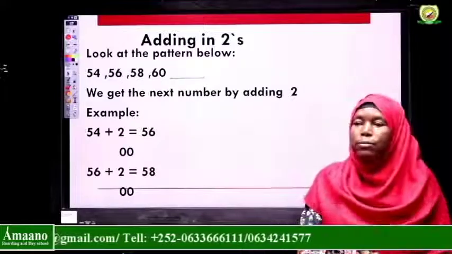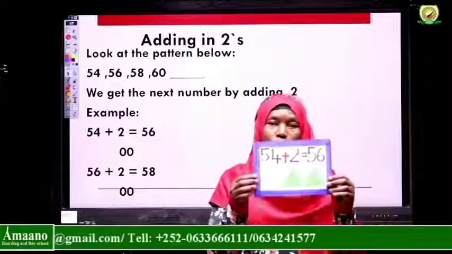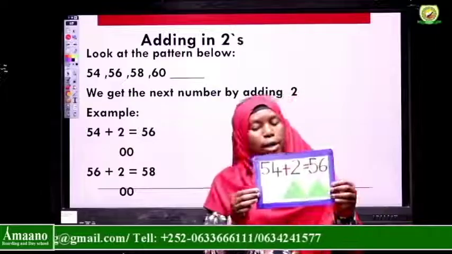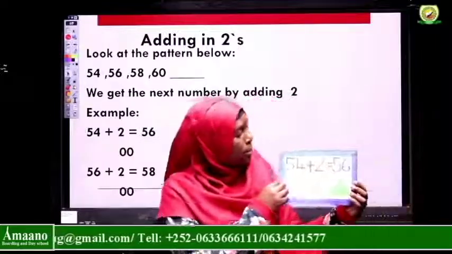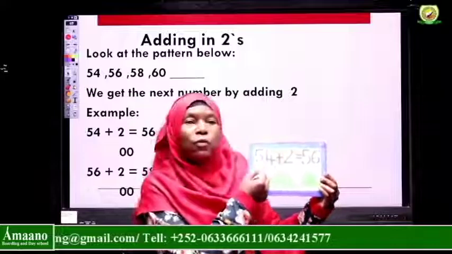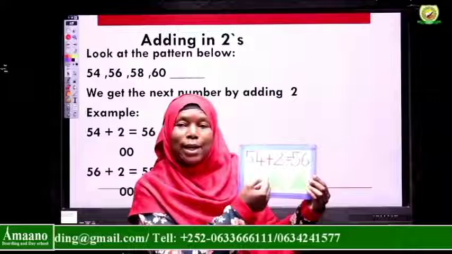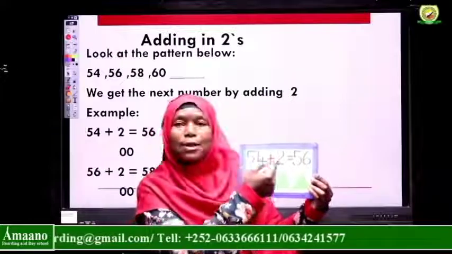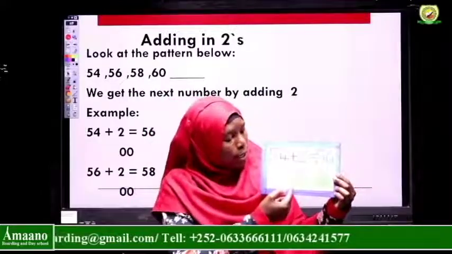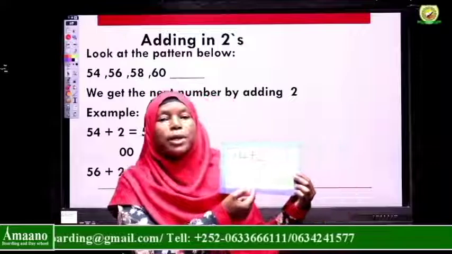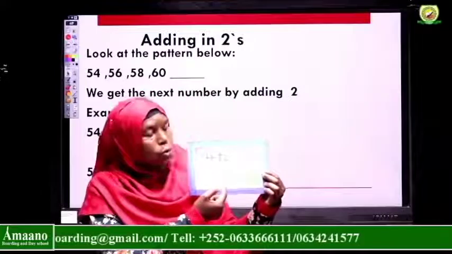We have a prepared flashcard. Our first number is 54. 54 plus 2. What do I get? If you look down here, we have two triangles.